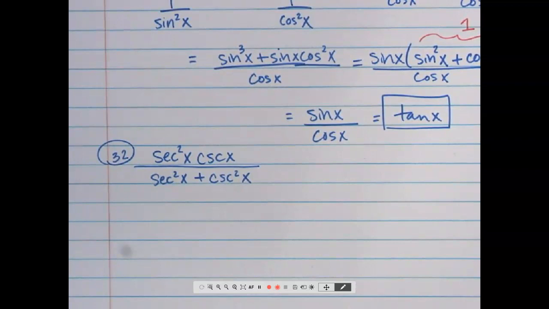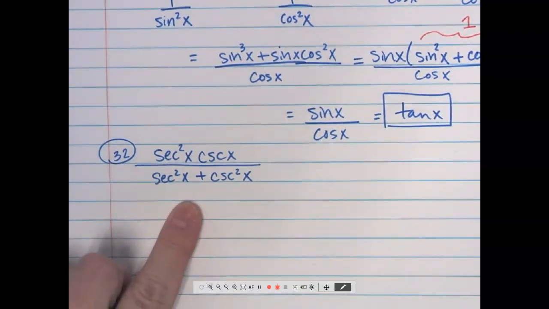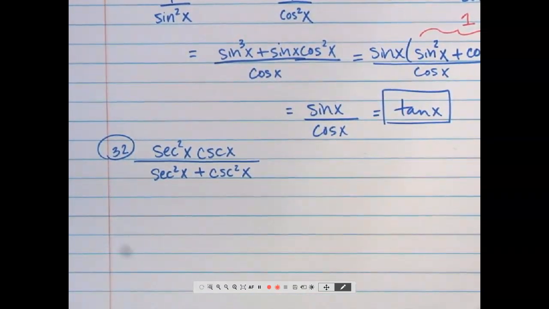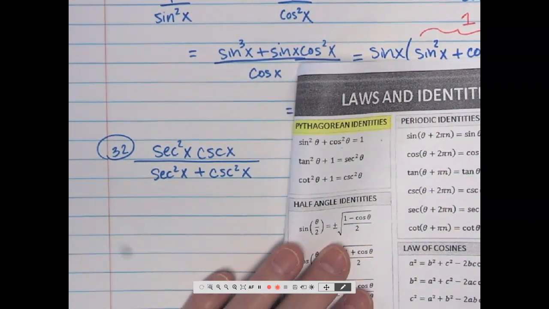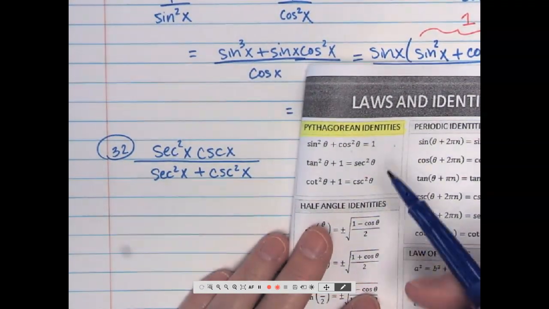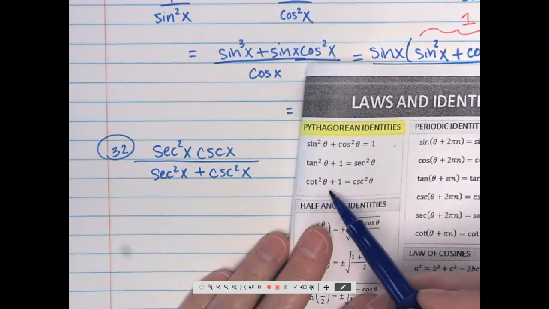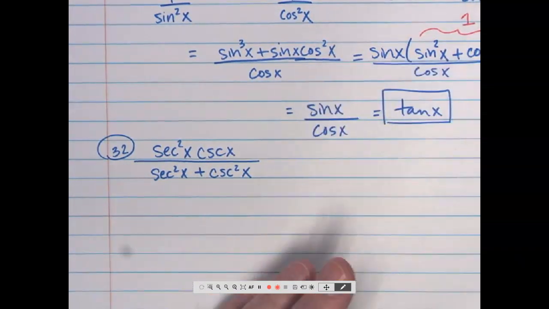Alrighty. Is secant squared plus cosecant squared anything that we can simplify in the Pythagorean identities? It's not, is it? Because you have secant squared here, cosecant squared here. Okay.